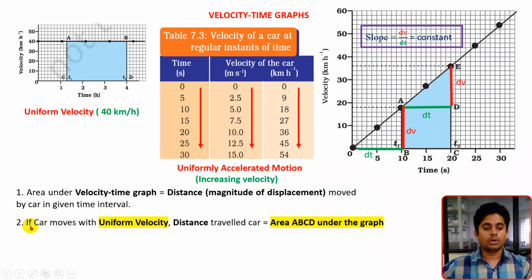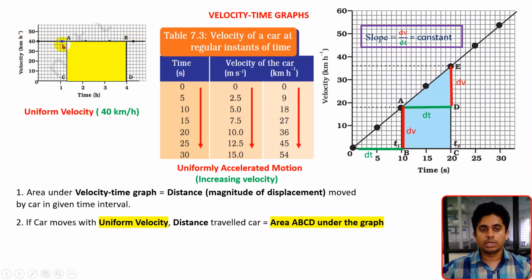Now, if the car moves with uniform velocity, the distance traveled by the car is equal to the area ABCD under the graph. For uniform velocity, the magnitude of displacement is nothing but the area of the rectangle, and there the car was traveling with a uniform velocity of 40 km per hour.